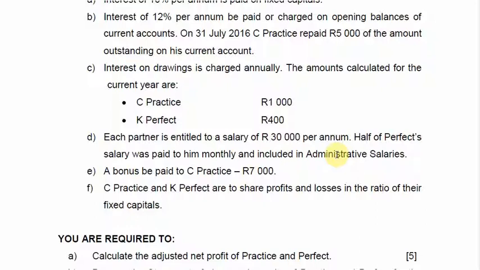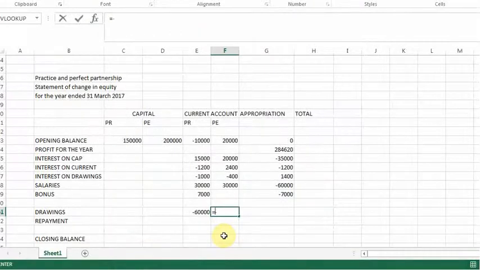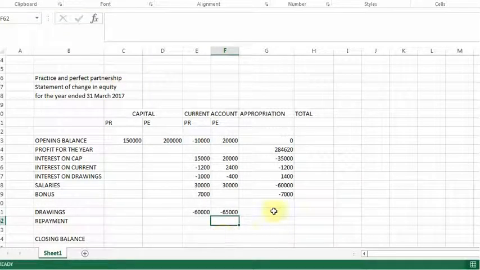So here we need to increase the drawings by 15,000 because it was not an expense, it was a drawing. So I'm going to say he will then have minus the 50,000 that was given as a balance there, and plus an additional 15,000, which was the salary that he withdrew. And there's no effect on the appropriation.